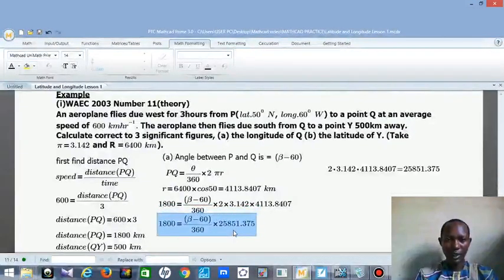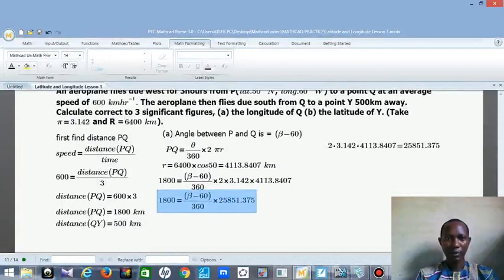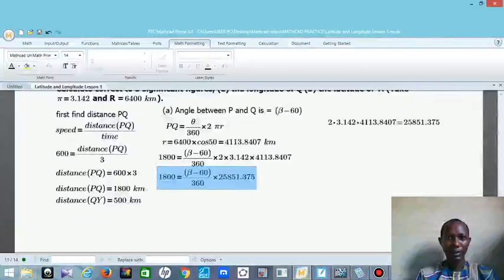So use your calculator and check the solution.